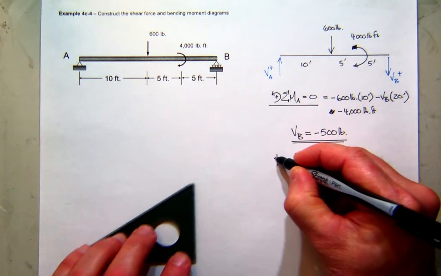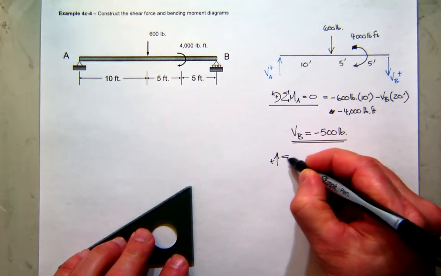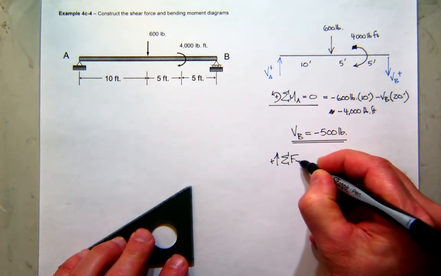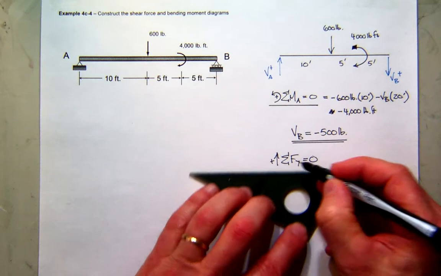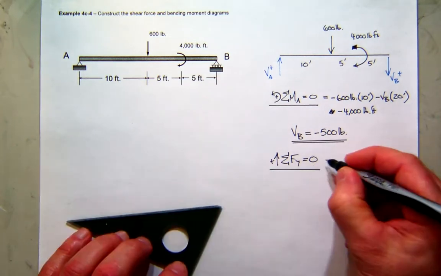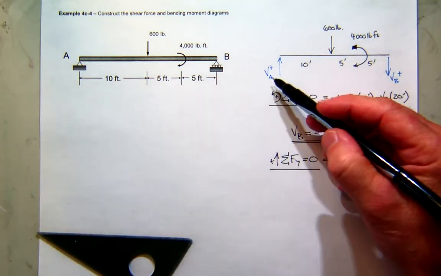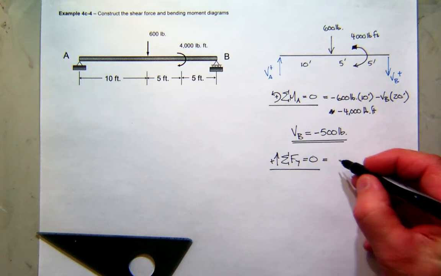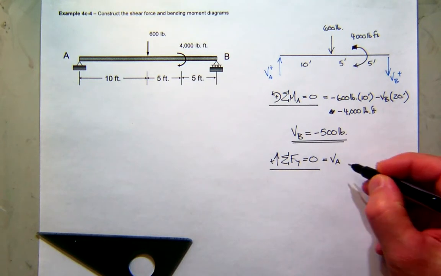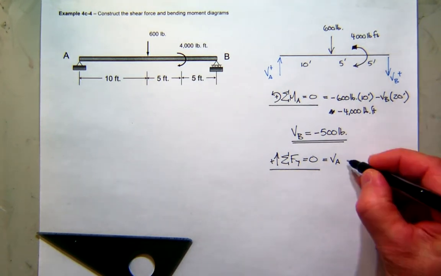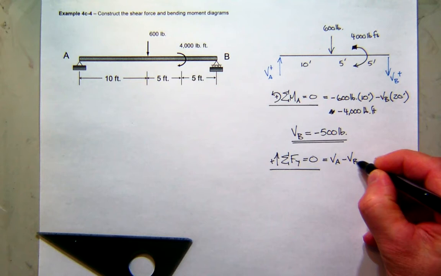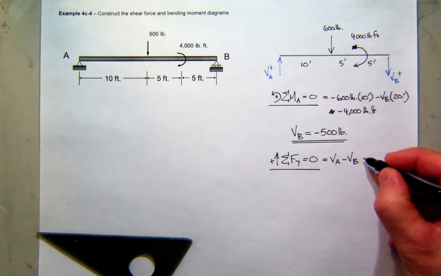And then we can sum forces in the y direction. I'll assume up is positive. That's my equilibrium. And doing that, the shear force is up, so that's a positive force. This shear force is down, so that's negative. And the 600 pounds is down, so that's negative.